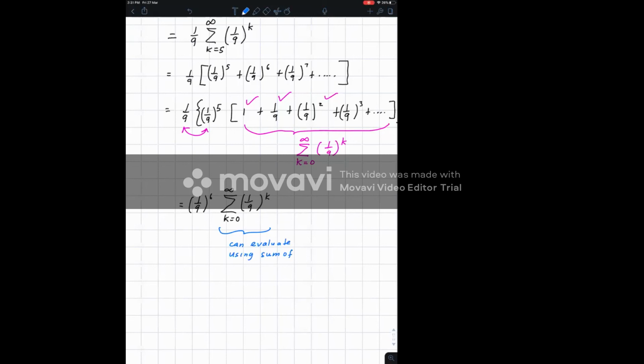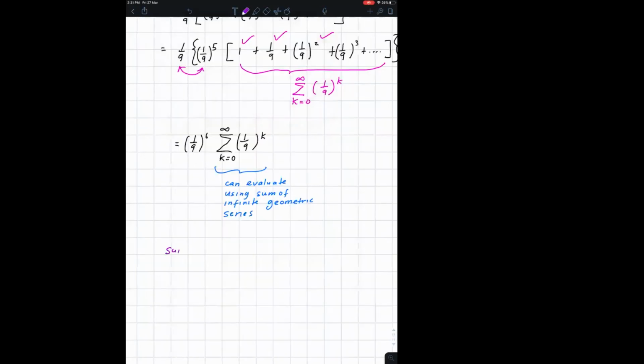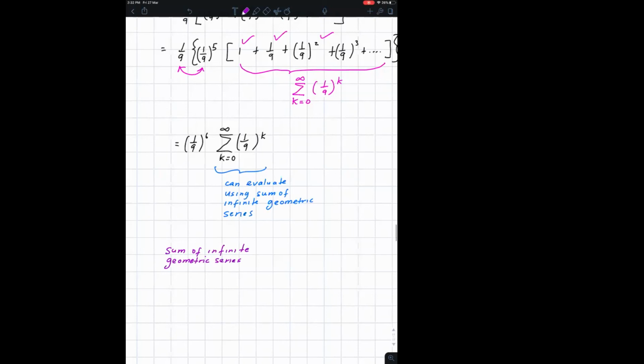It's the formula for the sum of an infinite geometric series. We also studied this formula in mathematics 2A.